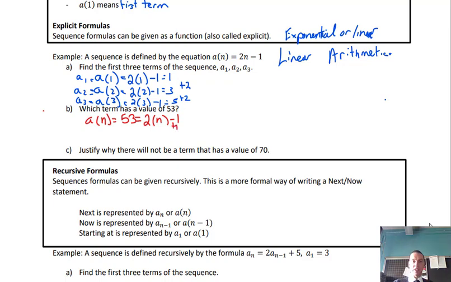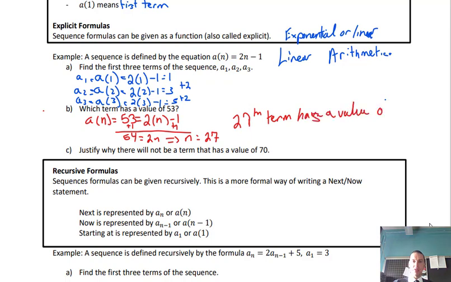Well, we'll just solve here. I know I'm going to go fast. If you have a video, you can pause it. 54 equals 2n, and so therefore n equals 27 if you divide over. So it's the 27th term that has a value of 53.